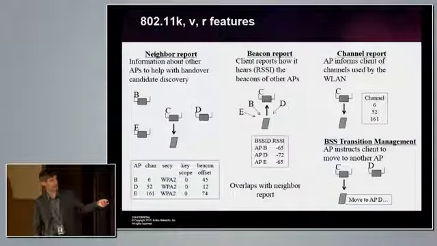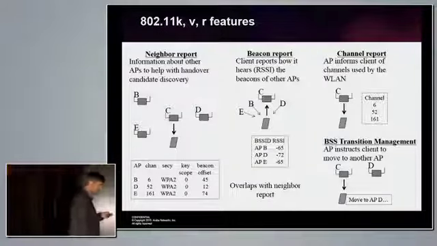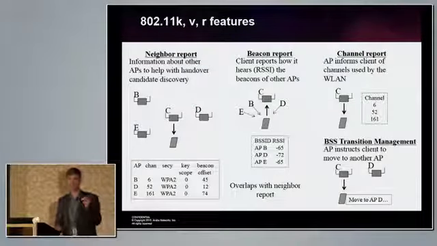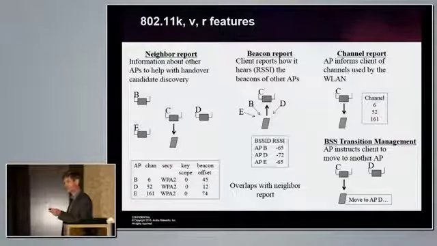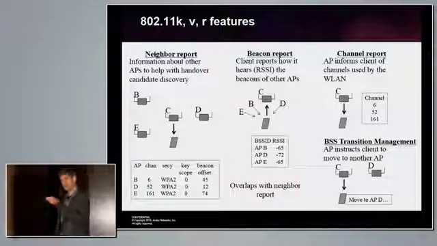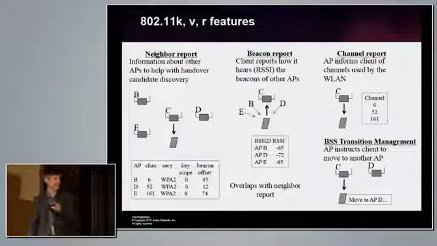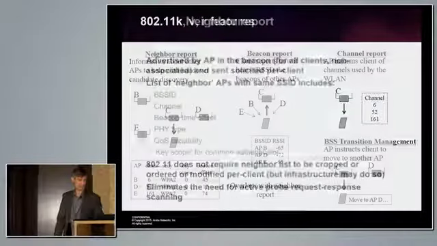Probably won't be used much if people are using this, but that tells you what channels are in use in this network. BSS Transition Management is really neat because it's a directed handover. It allows the AP to tell the client, move to this AP, and now. And that's very cool. I think I talk about it in a couple of slides, so let's move on.